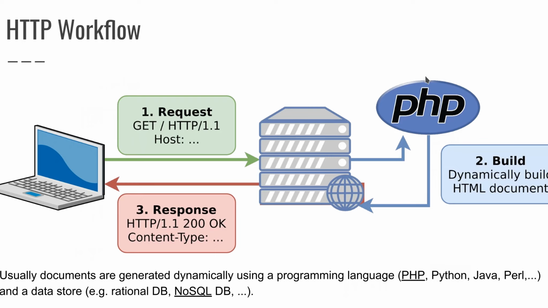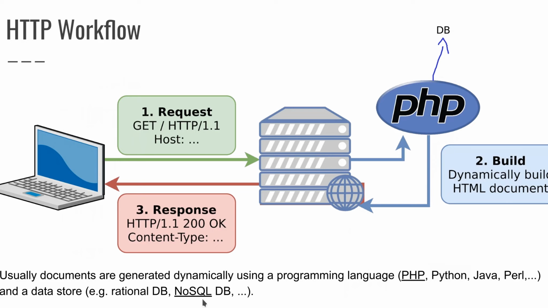It doesn't matter. Very often, this backend also communicates with a database of some sort. So usually web applications consist of the programming language for the backend and sometimes a database.